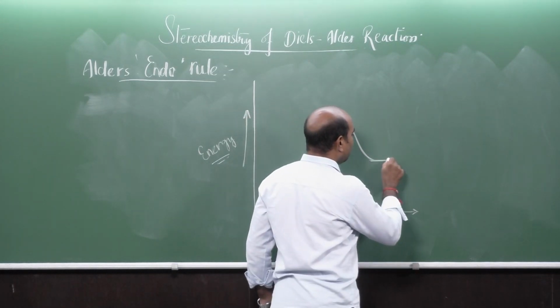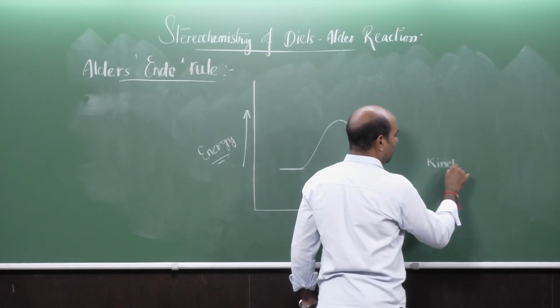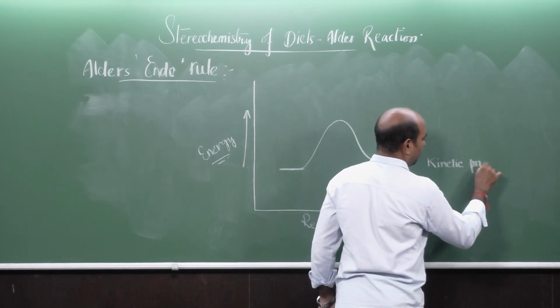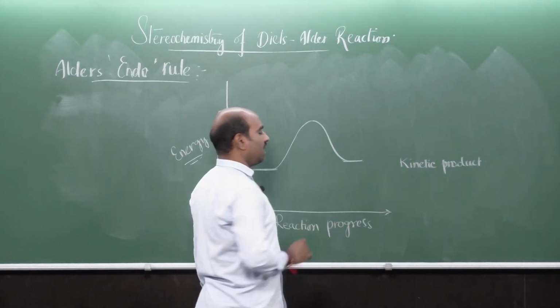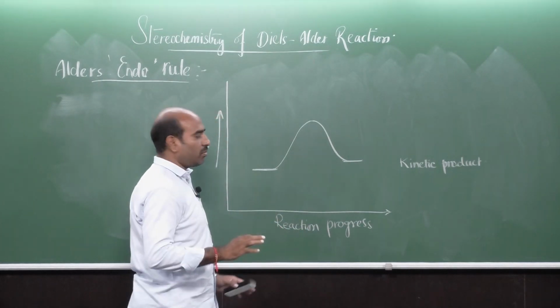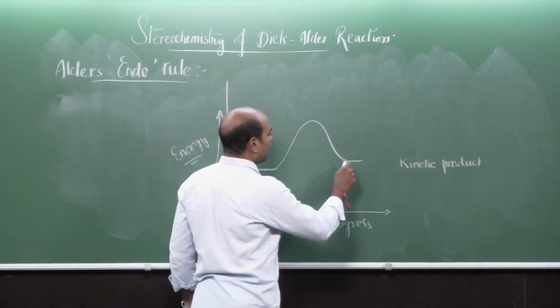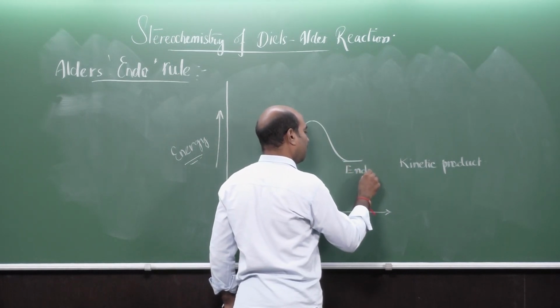So this is a kinetic product because the activation energy required is a little less, and also it is formed very fast in the reaction, right. So this is an endo product.